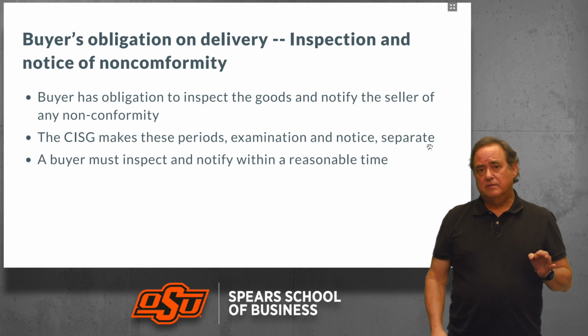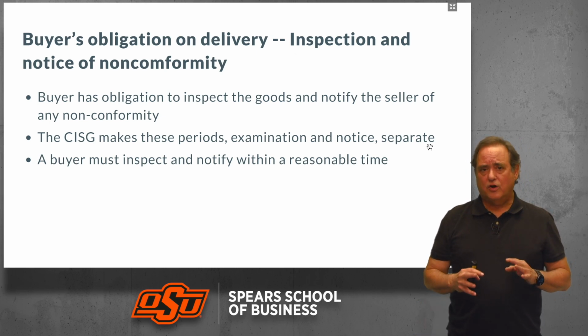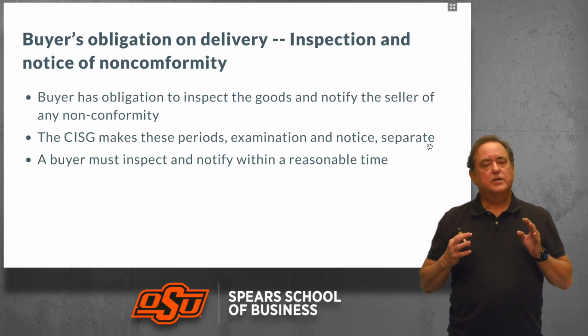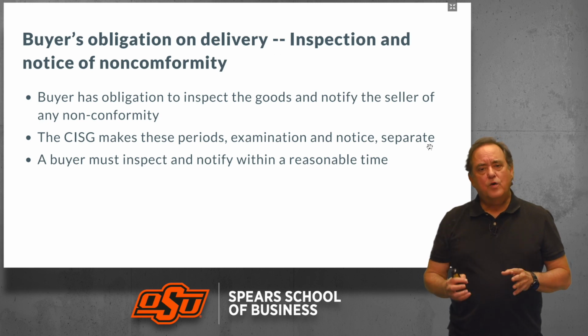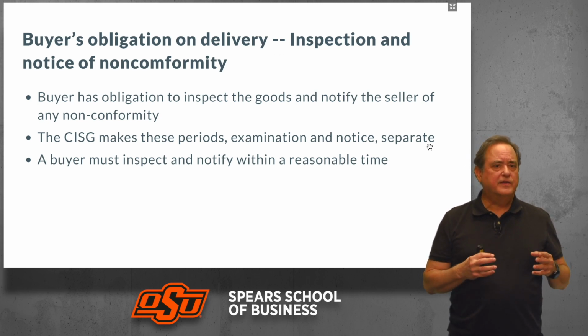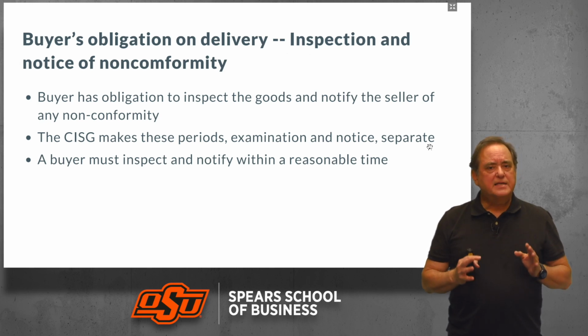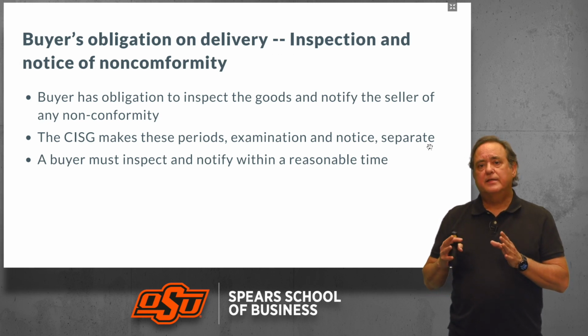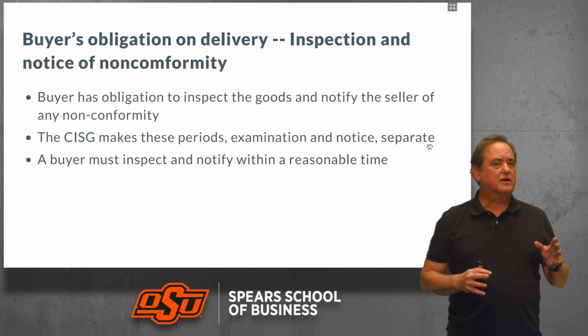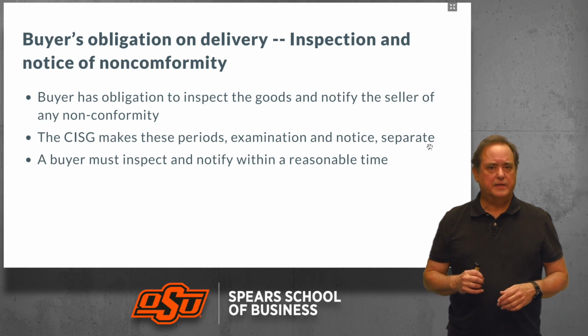Now, buyer has obligation on delivery. The buyer has an obligation, first of all, to inspect the goods and then notify the seller of any nonconformity. So a buyer must inspect the goods, and if the goods do not conform with the contract, they must notify the seller of the nonconformity.